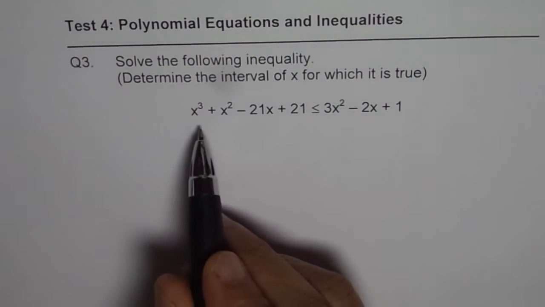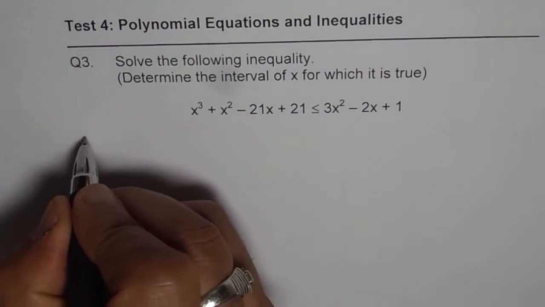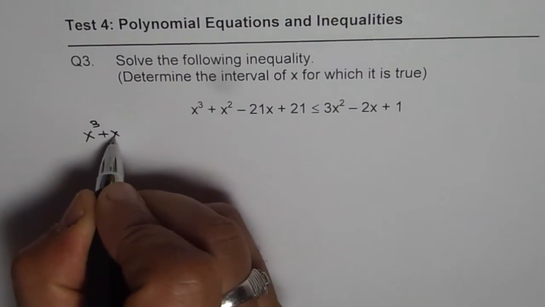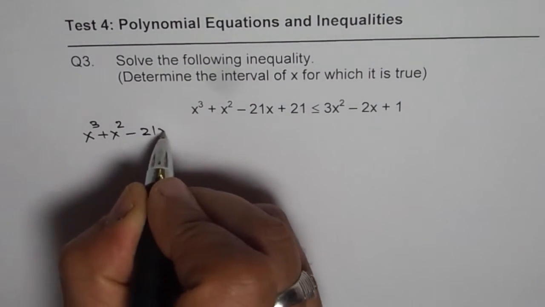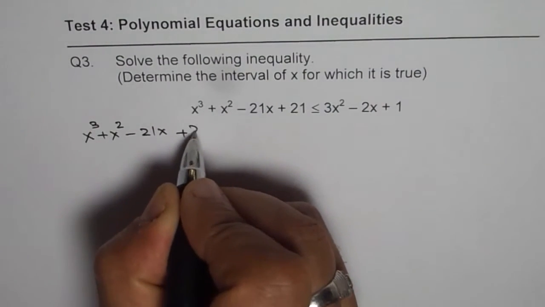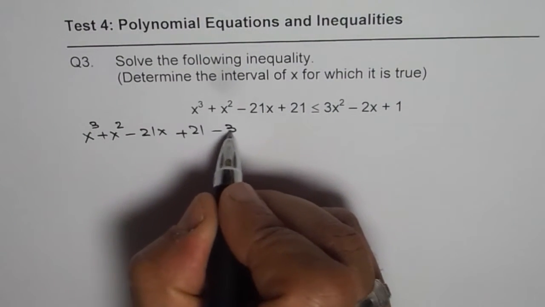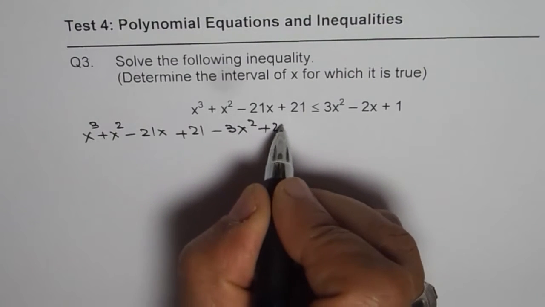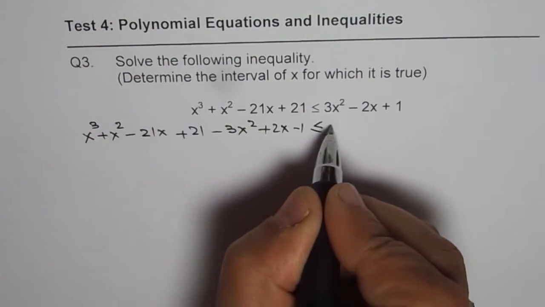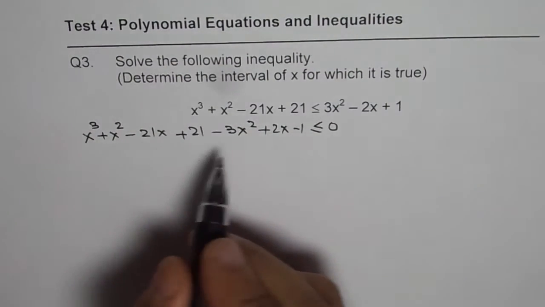First step is to bring all the terms to the left side. So we get x cubed plus x squared minus 21x plus 21 minus 3x squared plus 2x minus 1 is less than or equal to 0. Now let's combine the like terms.